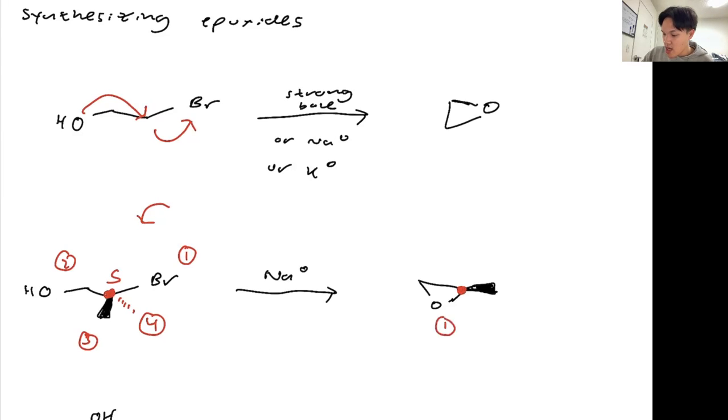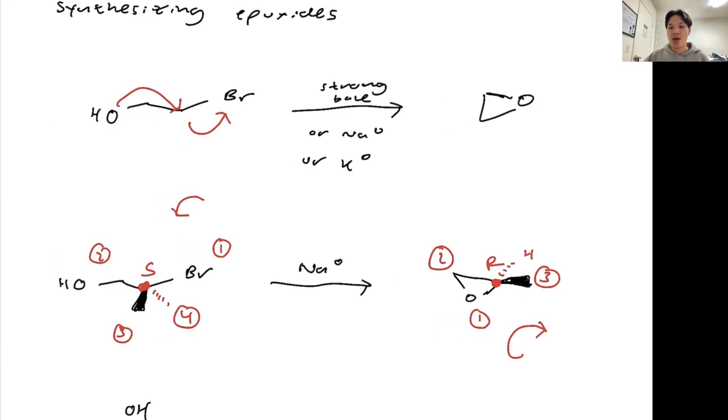This is now 1, and then this is now 2, and then 3, and then this implicit hydrogen here, which is now going this way, which is clockwise, so it's R. So it's going to flip the stereochemistry because it's going to be in an SN2 fashion, right? So you do have to worry about stereochemistry there. Just be careful about that with these epoxides, or with the formation of epoxides, okay?